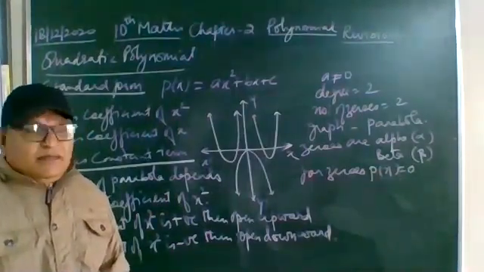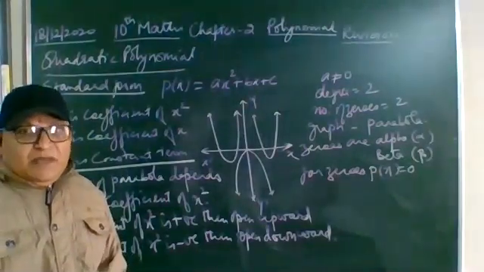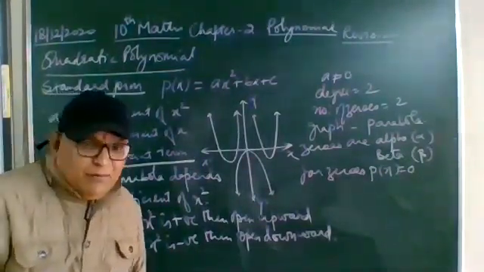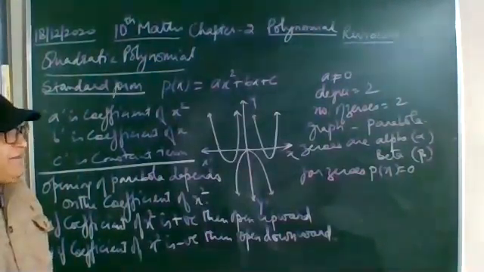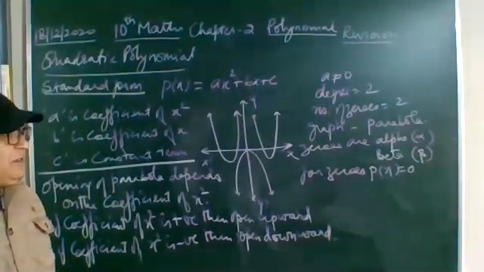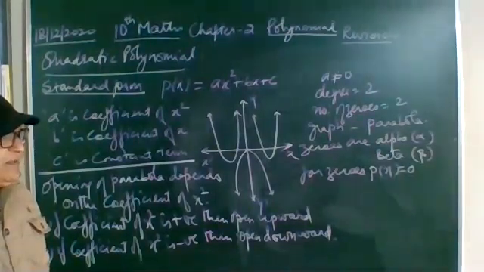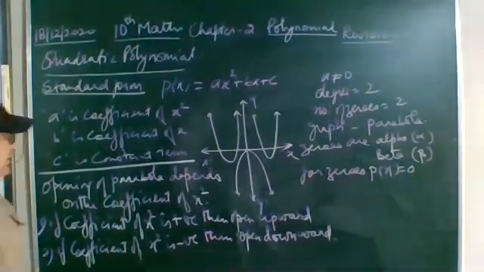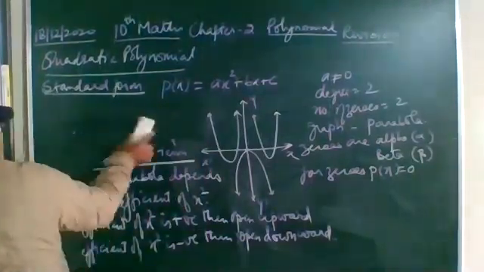Then only can you determine the zeros of the polynomial. Now, if the parabola is opening leftward and rightward, then the expression has y as the variable. So you have to remember what type of variable the expression has. After this, we come to know the nature of the zeros.